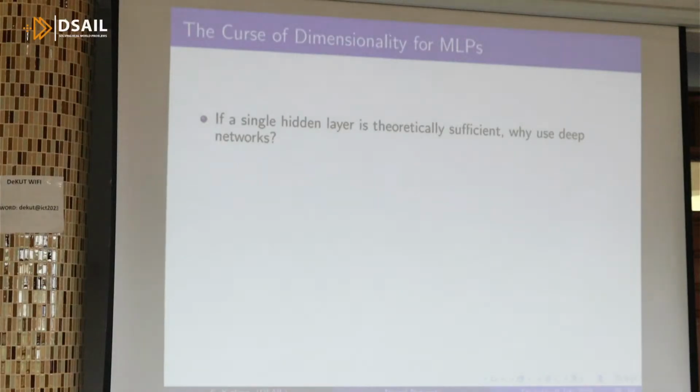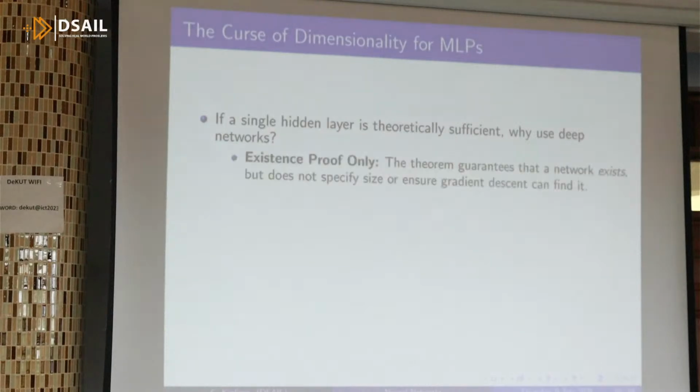So it turns out that multilayer perceptrons, for all the nice things that we've said about them today, also have the curse of dimensionality. If a single hidden layer is theoretically sufficient, why should we use deep neural networks? The theorem that we just came across is really just an existence proof. The theorem guarantees that a network exists, but does not specify the size or ensure gradient descent can find it.